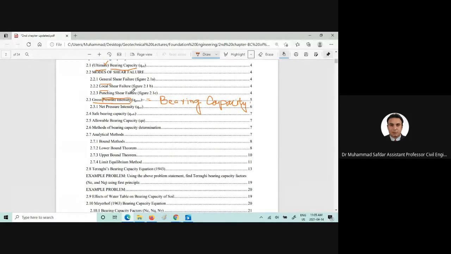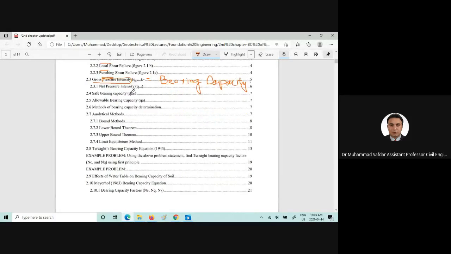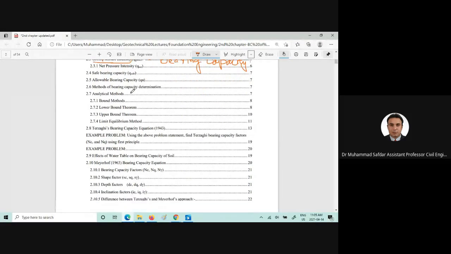So it's the gross bearing capacity, net bearing capacity or the pressure intensity, safe bearing capacity, and allowable bearing capacity. So these are the terms which will be discussed and explained in coming few slides.